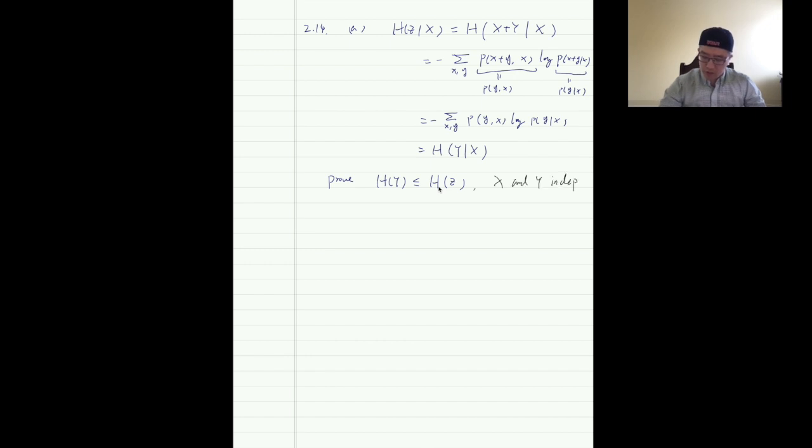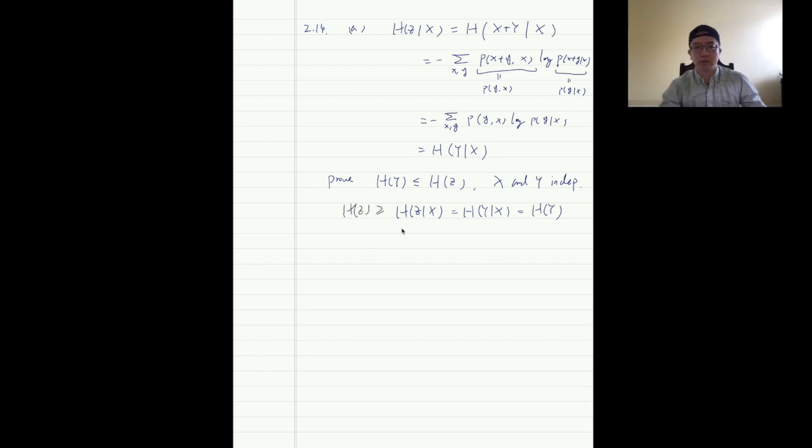So in this case, we want to use what we got before to show that. We know hz given x equals hy given x, and x and y are independent, therefore this equals hy. And then the only thing we need to show now is that hz is bigger than this, right? Would that be true?